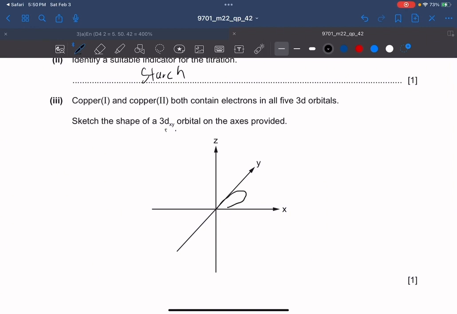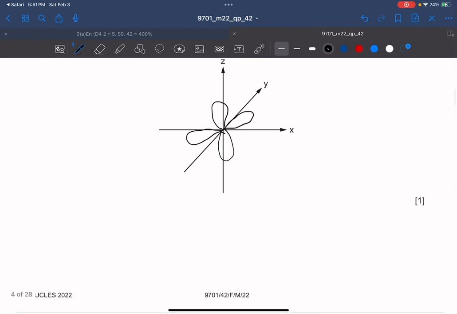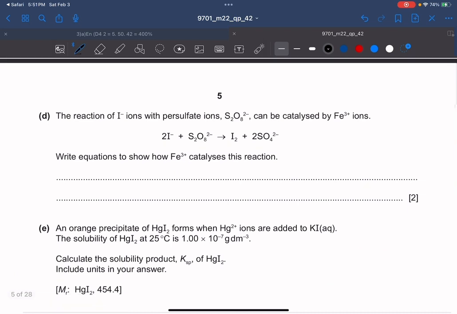I'm a really bad artist, but more or less this is what it's going to look like. So basically what it's doing is occupying the x and y axes. I guess that's all to be said there.